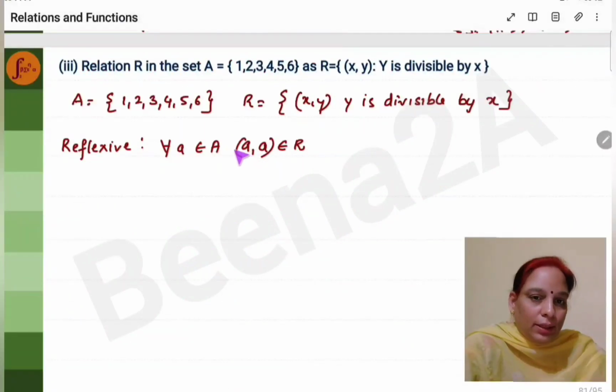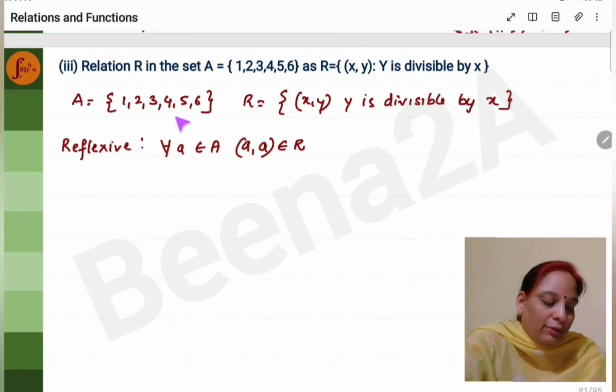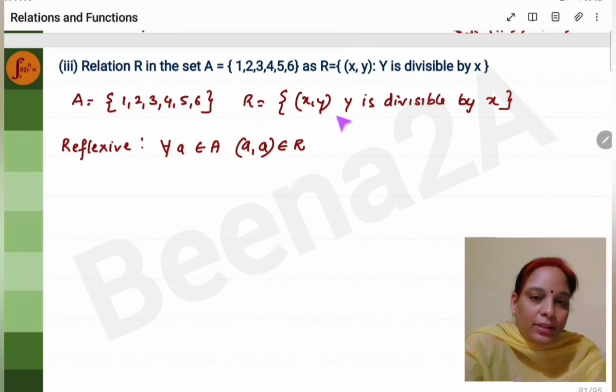So let's take another example. Relation R in the set A = {1, 2, 3, 4, 5, 6}, and the relation is: y is divisible by x. So you have a set with elements from 1 to 6, and the relation is defined as y is divisible by x.